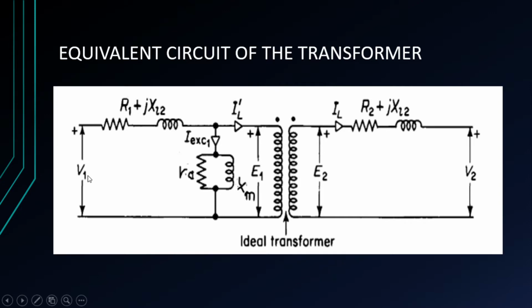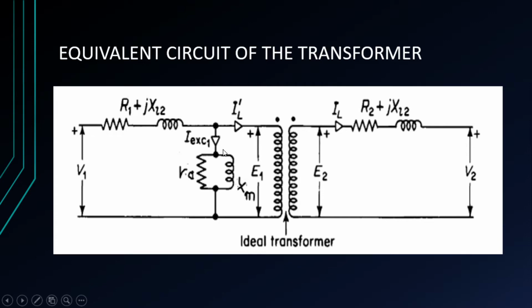V1 is the primary voltage, V2 the secondary voltage, and E1 is the effective primary voltage induced by the mutual flux. Then E2, the effective secondary voltage induced by the mutual flux. So E1 and E2 are the output voltage under mutual flux.